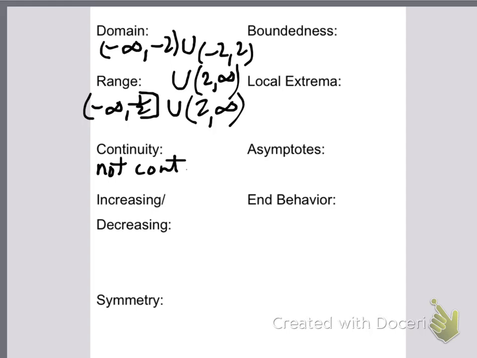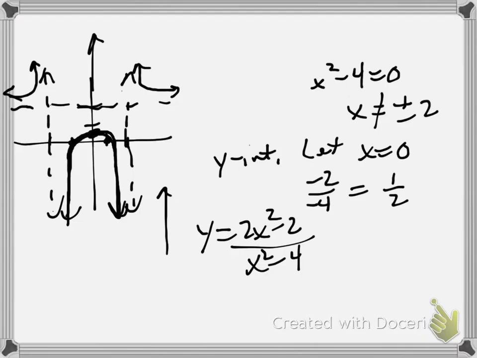Increasing, decreasing. Oh my dear Lord, there's so many things to look at here. Increasing: again, we're looking horizontally. We're starting at negative infinity and we're going to start to look this way. So this branch right here looks like it's increasing all the way to infinity. Well, what interval is that?